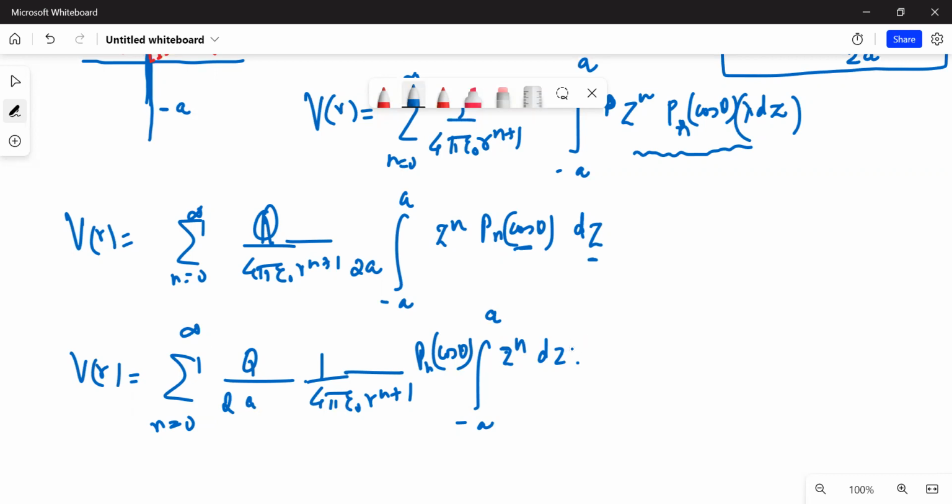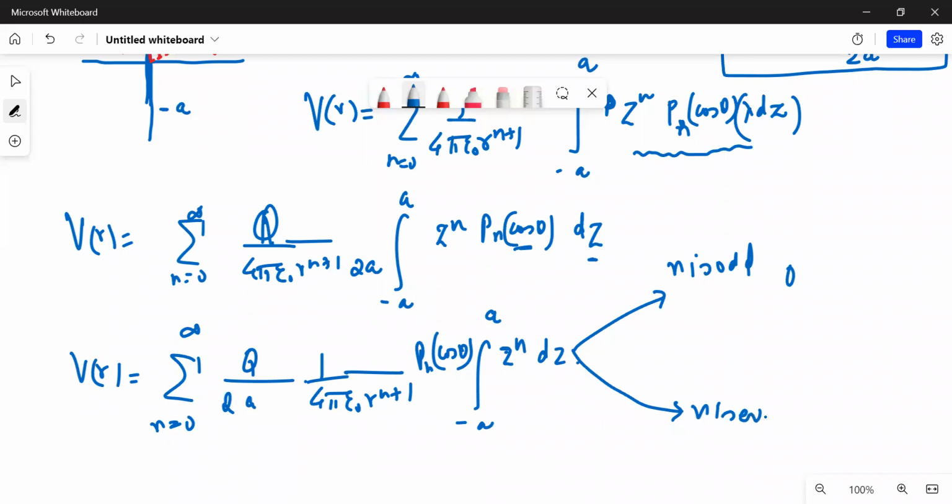Yes. Okay. Now, I've taught you in Legendre polynomial, like a property from standard 12, that if n is odd, then this integration will become 0. So one thing is pretty sure that in the multipole expansion, you will not have terms corresponding to n being odd. Is that clear? Because if n is odd, then z^n dz would be 0, because minus a to a, if this is an odd function, then things would be 0.